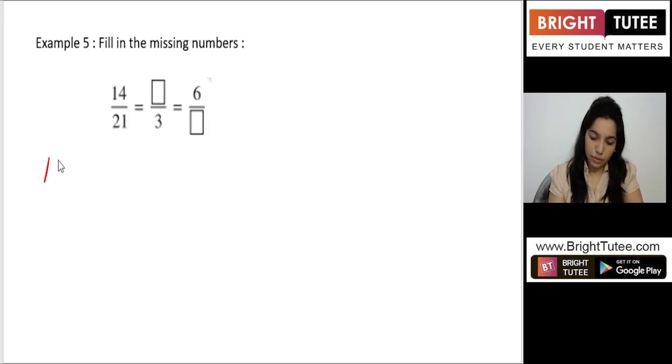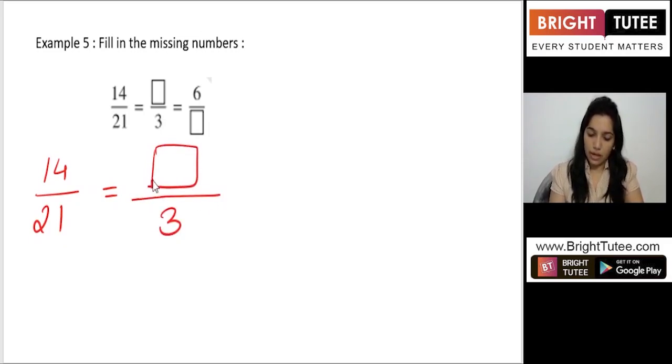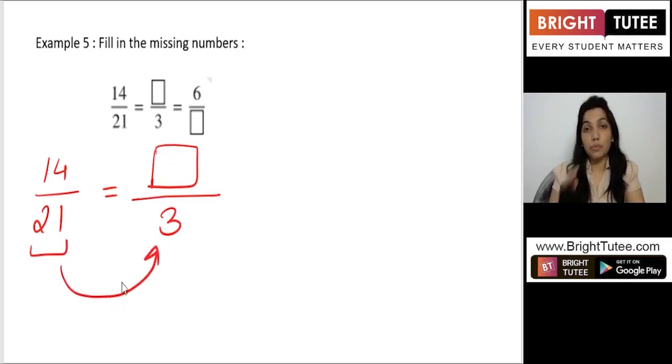Let us take the first one here. 14/21 is equal to something over 3. Now, can you think what you need to do with 21 to make it 3? Are you going to multiply it with a certain number, or shall we divide it by some number? I hope you know that because we are going from a bigger number to a smaller number, we must divide 21.